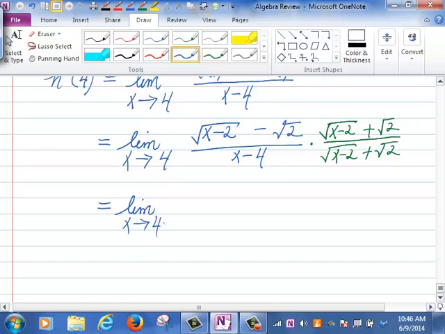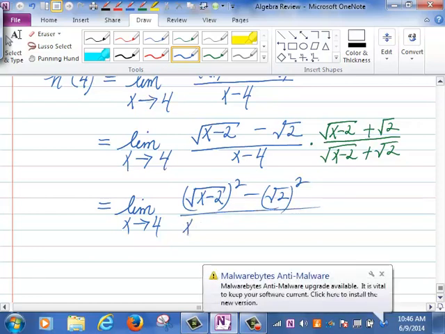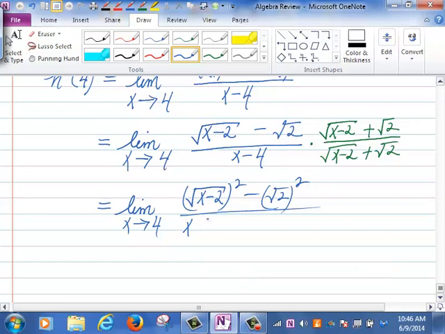Notice that if I multiply out the numerators, what am I going to get? I am going to get the square of root of x minus 2, and I am going to get the square of root of 2. And in the denominator, I am not going to multiply out. I'm going to keep it as x minus 4 times root of x minus 2 plus root of 2.